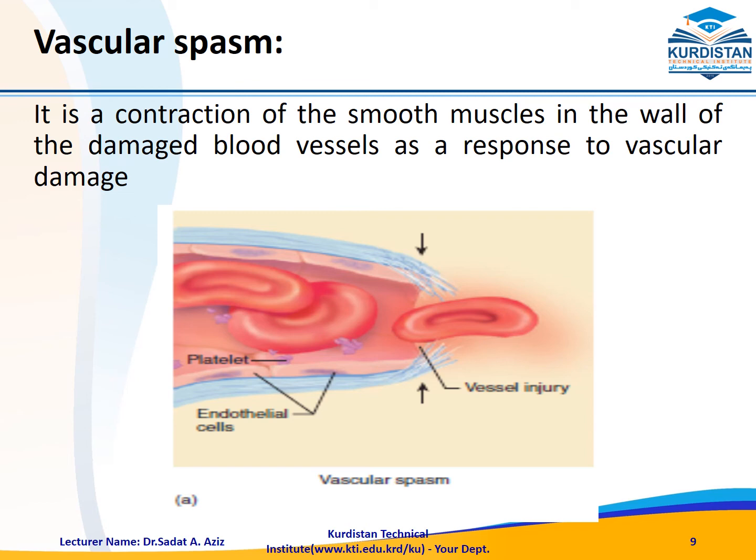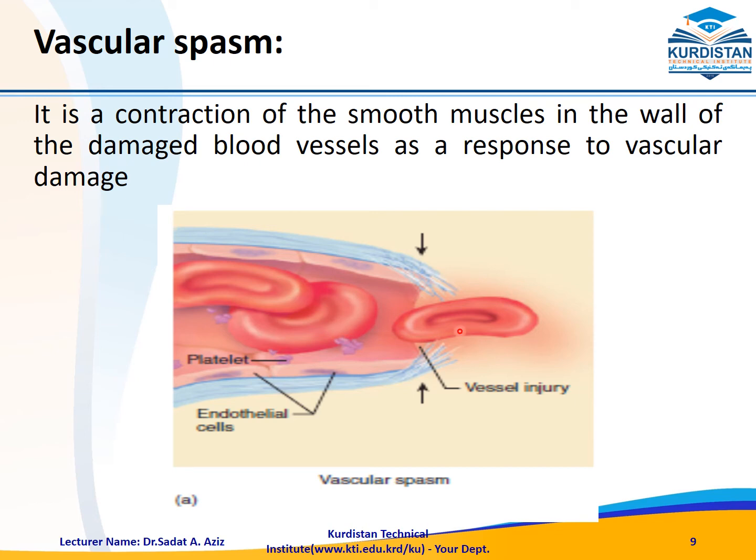So as we mentioned, during the primary hemostasis, a process happens which we call the vascular spasm. Due to the presence of smooth muscles in the wall of the blood vessels, upon an injury the muscles in the wall of the blood vessel directly start contracting, and the contraction of the muscles leads to a reduction in the diameter of the blood vessels and reduces the blood flow to the site of the injury.